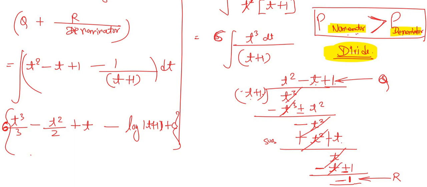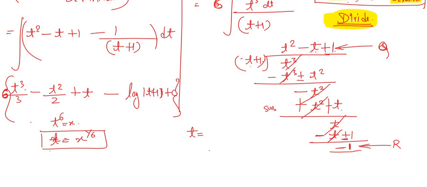Okay, and what was t? Actually t raised to power 6 was x. So t will be x raised to power 1 by 6, and that is what we can put here. Let me write down t.